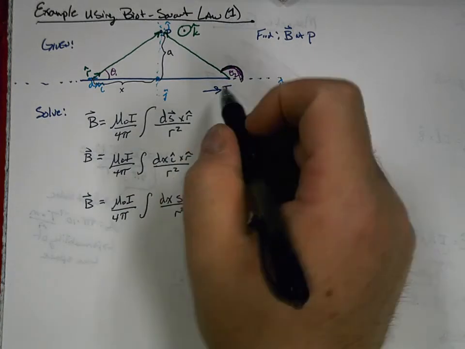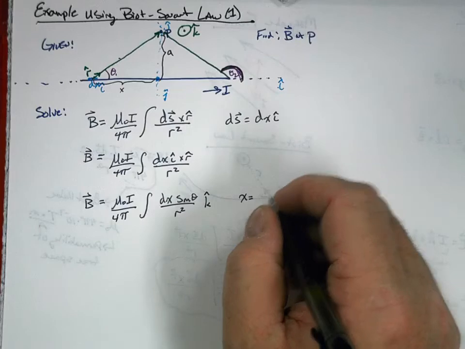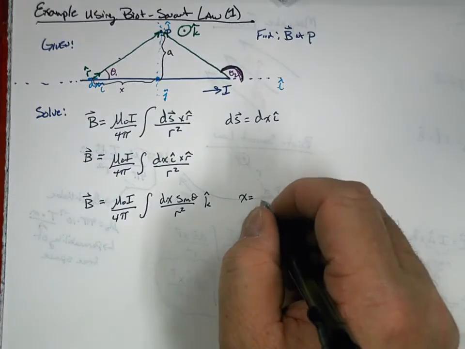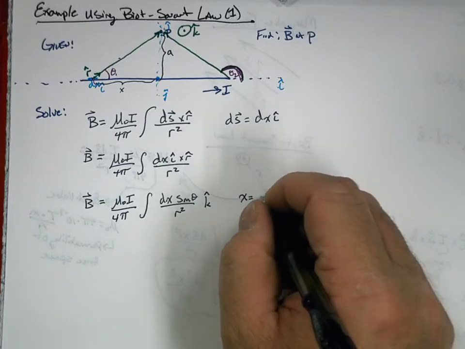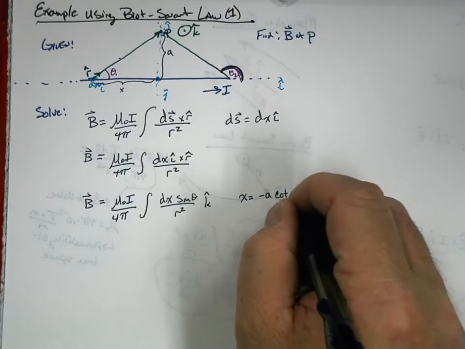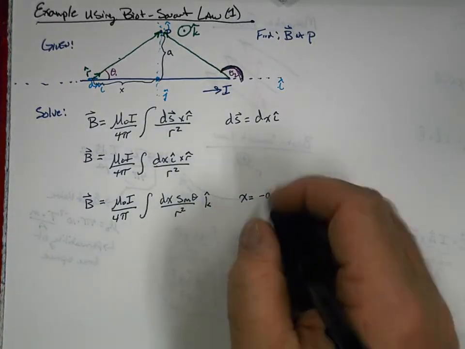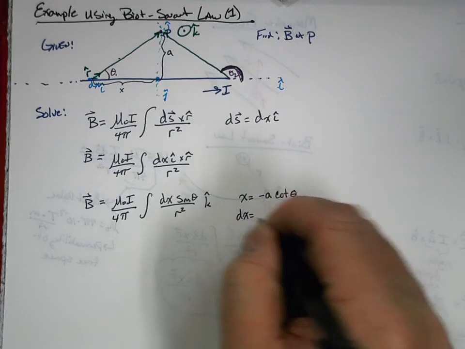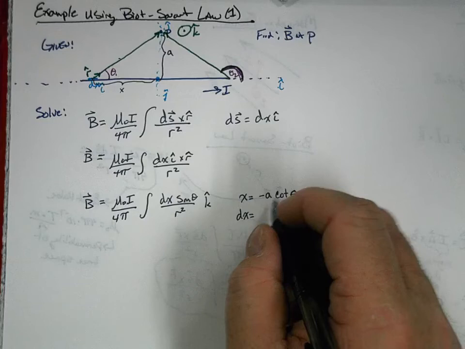So our value x in terms of r and a, well, we don't even need r, because as long as we have theta 1, x is going to equal negative a cotangent theta. And dx, you can look this up, like I did.